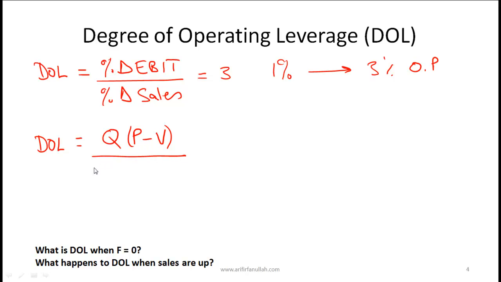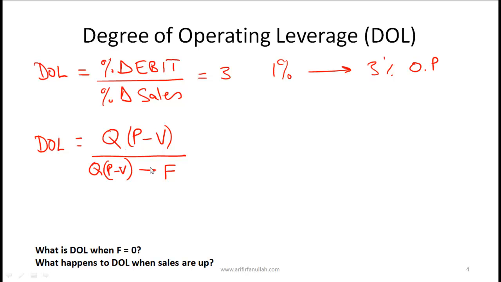This is divided by again Q times (P minus V) minus the fixed costs. These are the operating fixed costs, the cost of setting up the factory and so on. This does not include finance costs. So you need to know both these formulas when we talk about degree of operating leverage.